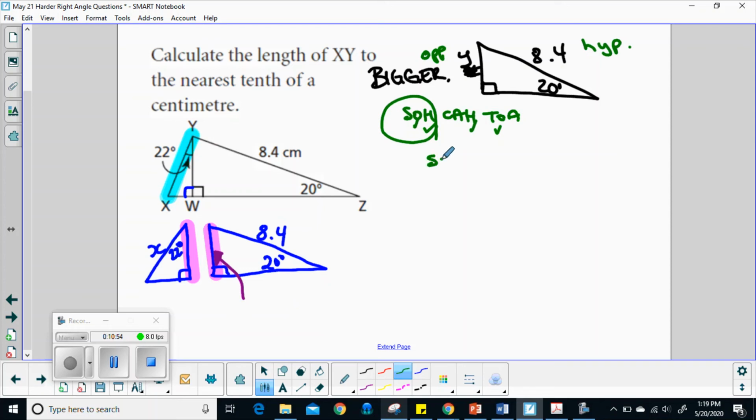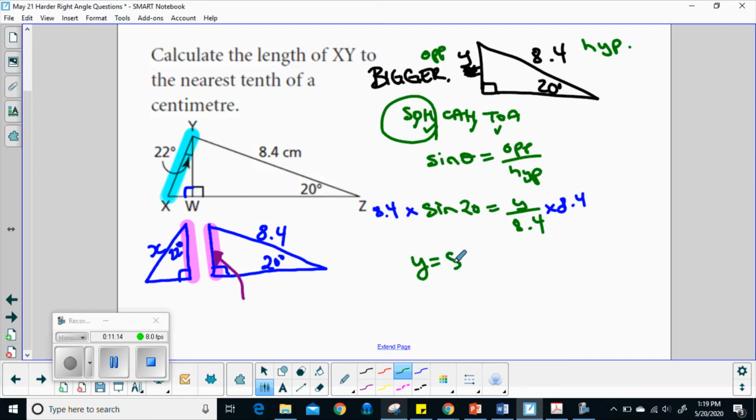Let's use sine. Sine angle is opposite over hypotenuse. Pop in what we know. Sine 20 equals y over 8.4. Rearrange by multiplying both sides by 8.4. Throw that in your calculator, and the thing you're looking for should be 8.4 times sine 20.